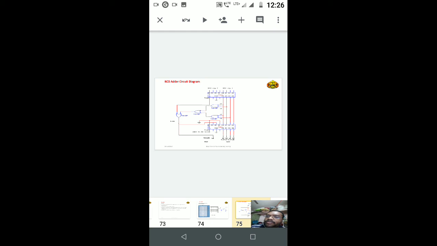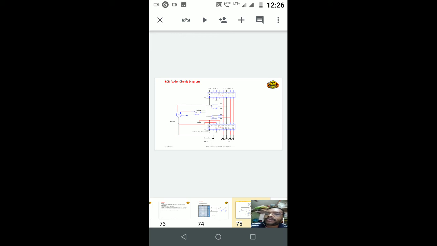You take any inputs. First you take an input whose result is less than 9, and then you take another example whose result is greater than 9. You implement it from your side and check how this circuit is executed. For that purpose you take two examples.